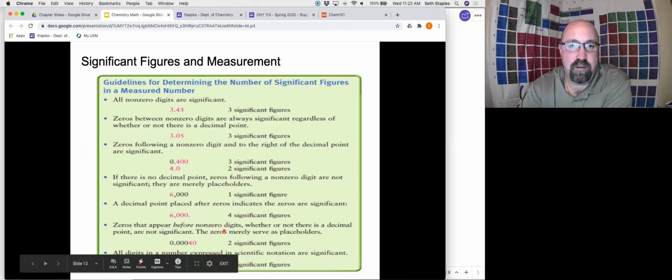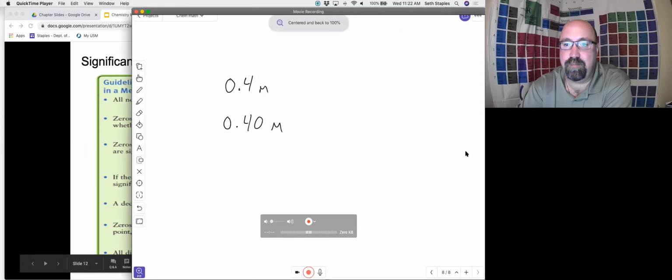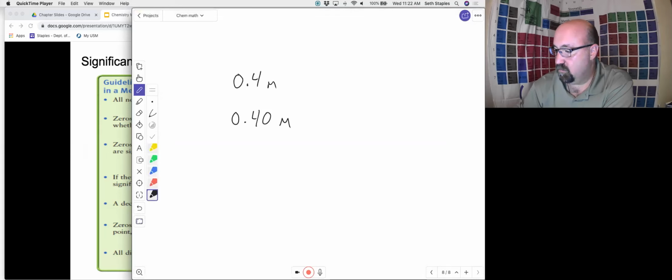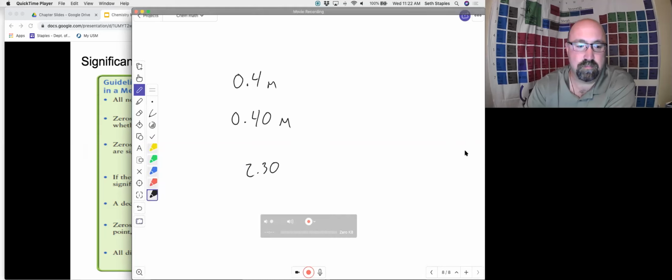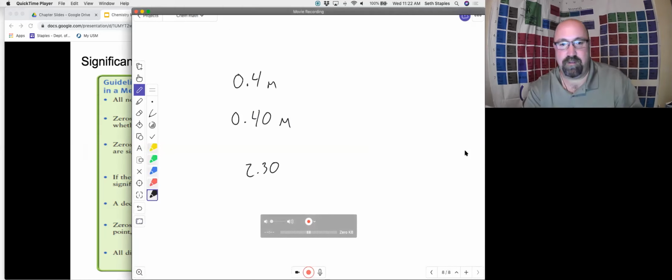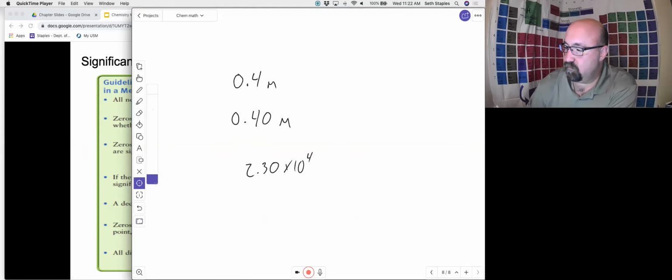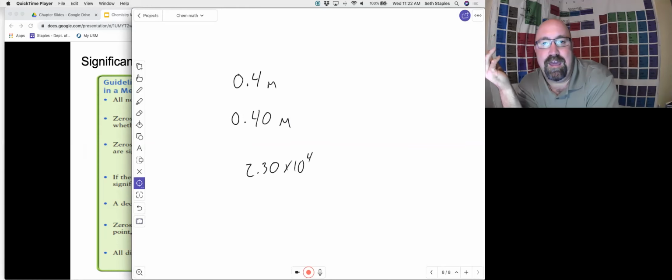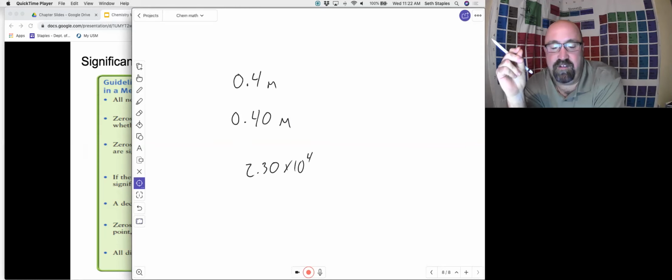In that example below, it was 2.30 times 10 to the 4th. That 0 is significant. And so that's another way that scientific notation is useful to remove that ambiguity. If you see a 0 expressed in scientific notation, it is significant.